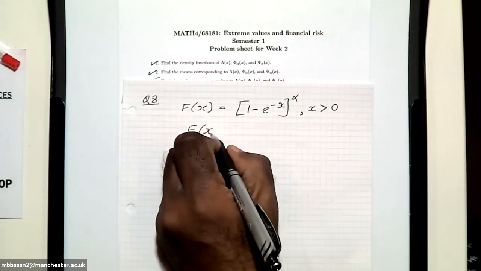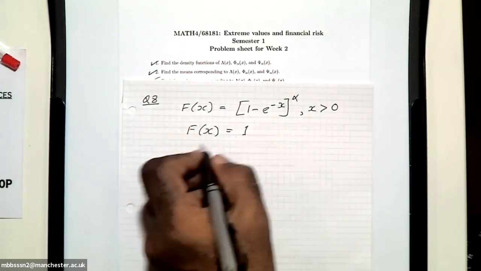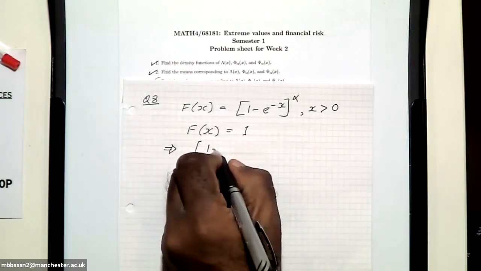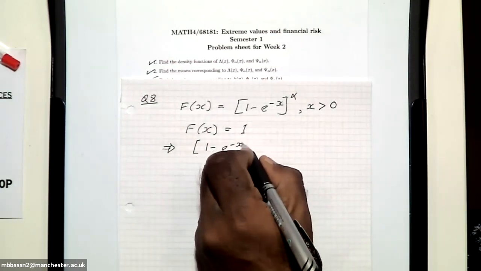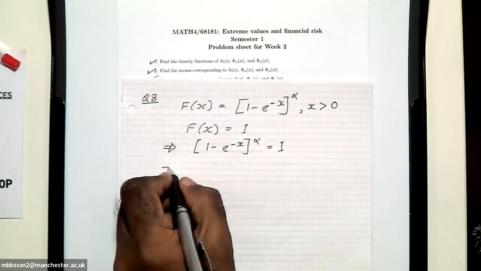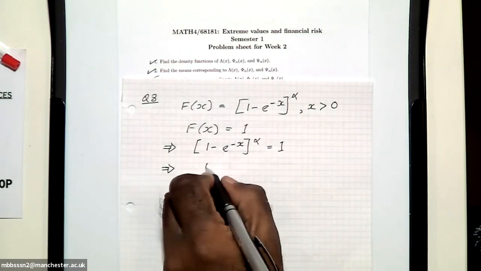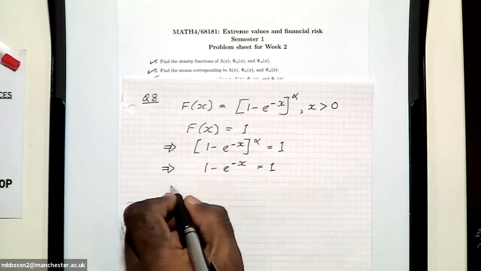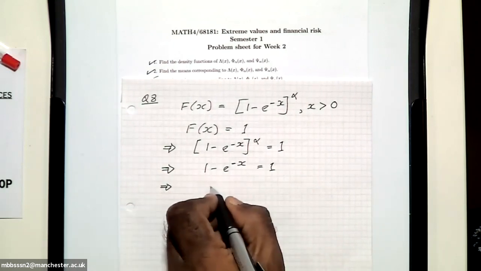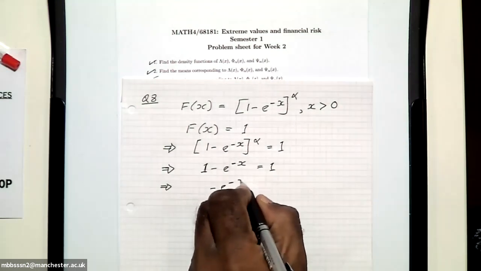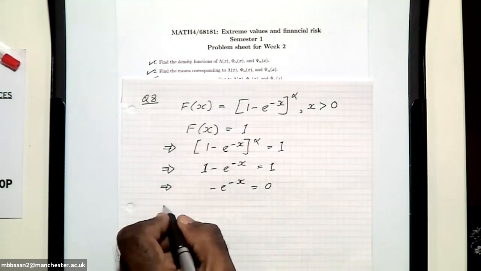So you set f of x equal to 1, which implies that, equal to 1, and this implies that minus e to the x equal to 0.